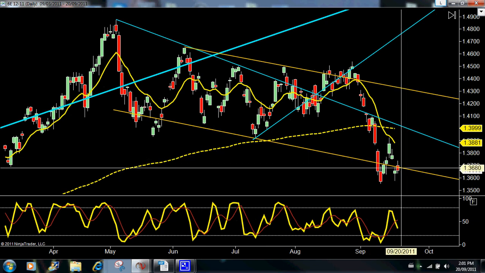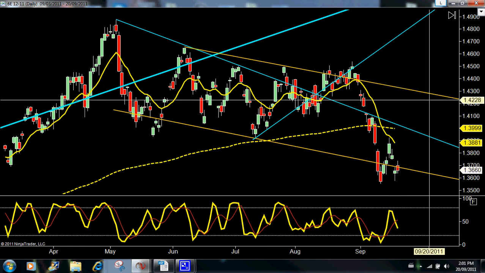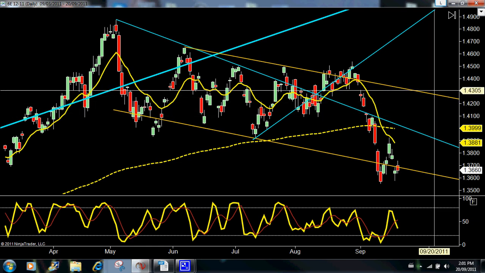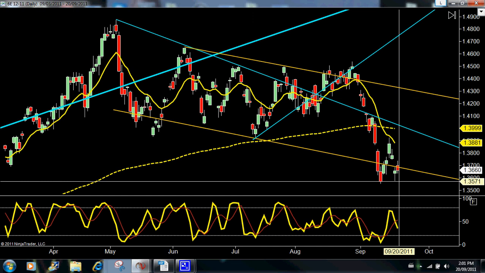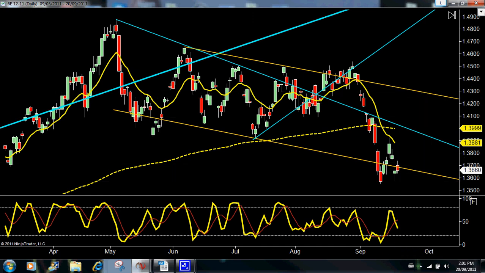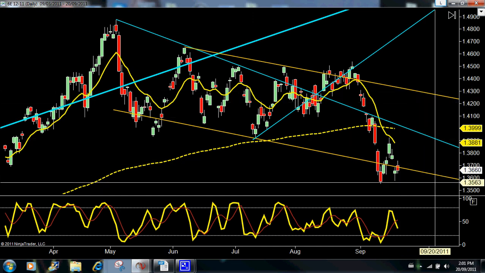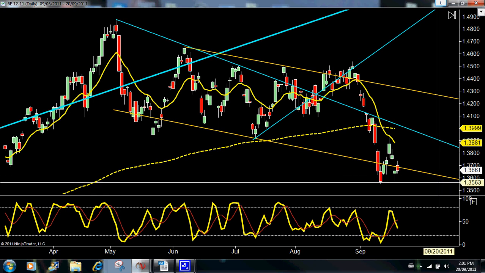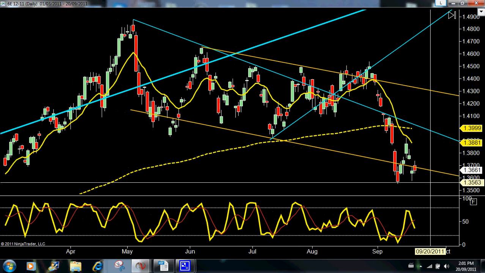Every chart is pointing up to 1.421 to 1.430 as a great place for this market to get up to, and then sell into a nice big, probably 1,000 tick downward position at a minimum.